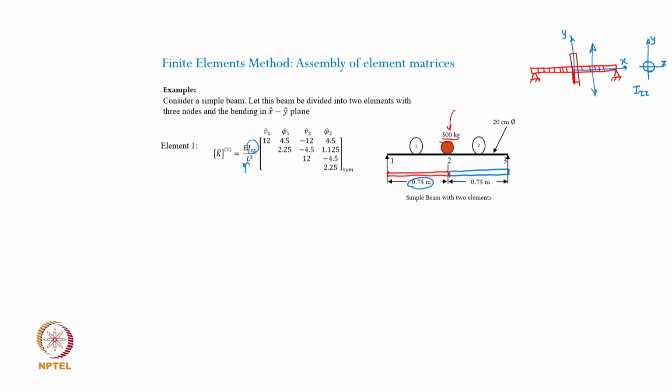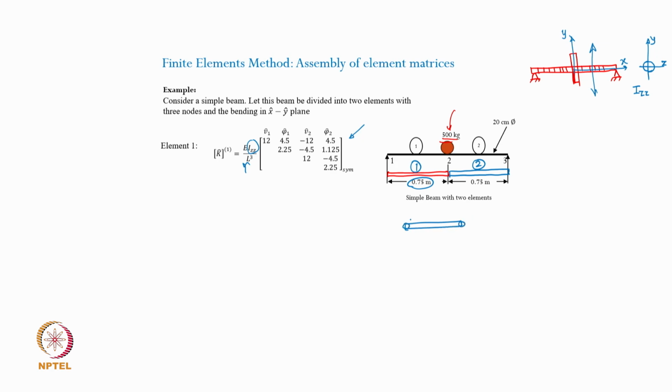Now, once these parameters are taken numerically, one can find out the element stiffness matrix, which will represent the first element. So, I am using this as the element number 1 and this as element number 2. Now, you must understand that each finite element will be having these two nodes.